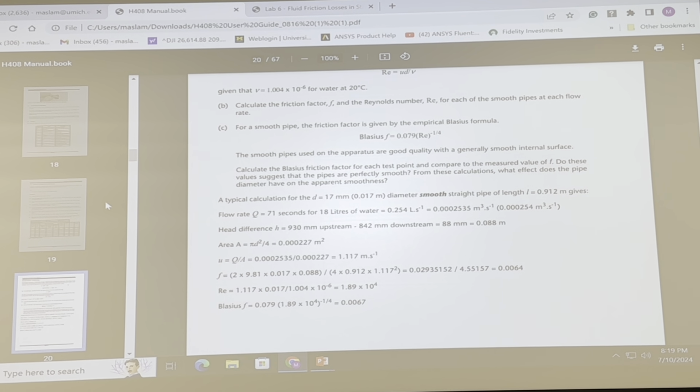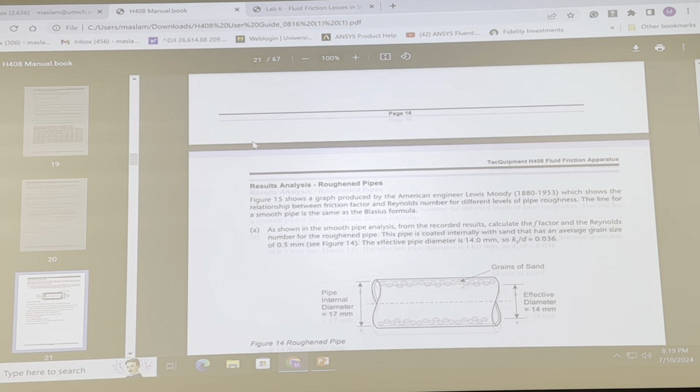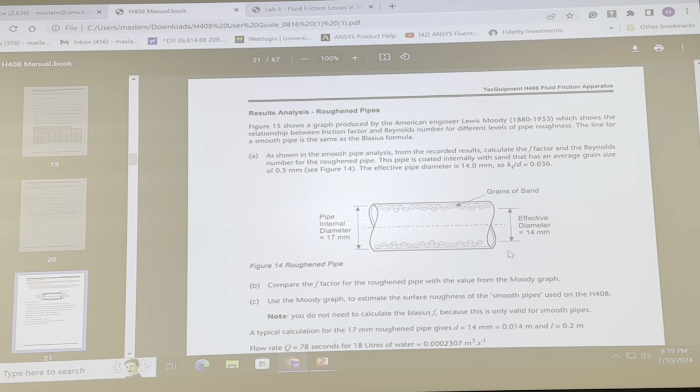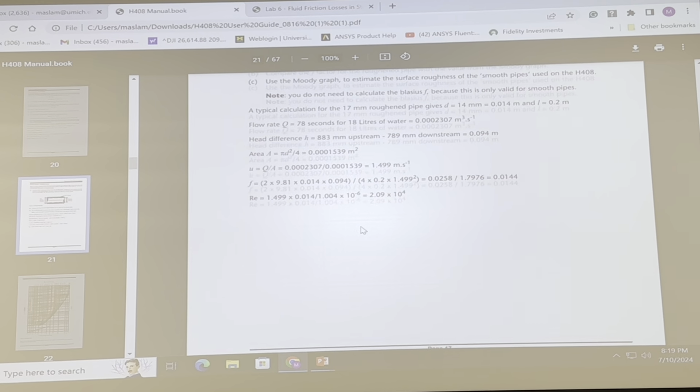Now, we also said we're going to measure the rough pipe. We start from page number 21. Here it is, rough pipe. Understand the theory here, how the rough pipe is, and what the effective diameter is. That's very important. You need to understand that. It also shows you how to do the calculations. Moody's chart is next.